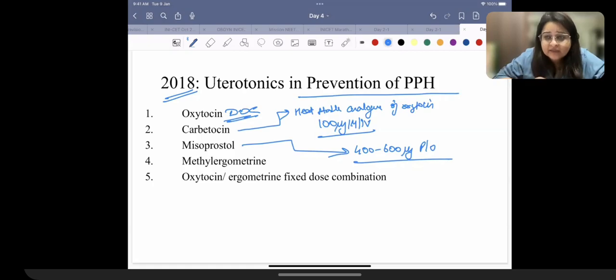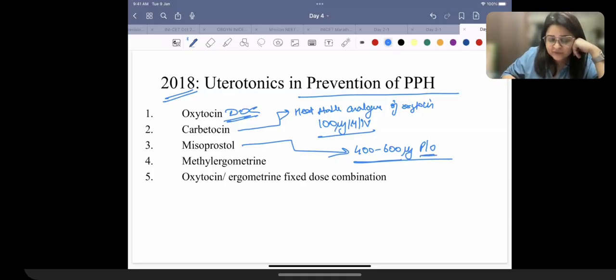Okay, so there are many places in India and the world where you have such things. You have untrained dais, or you have trained dais also who don't know how to give an intramuscular injection. So you give misoprostol. The recommended dose is 400 to 600 microgram. That is, one tablet is 200 micrograms. So 2 or 3 tablets orally, feed the patient. Okay.